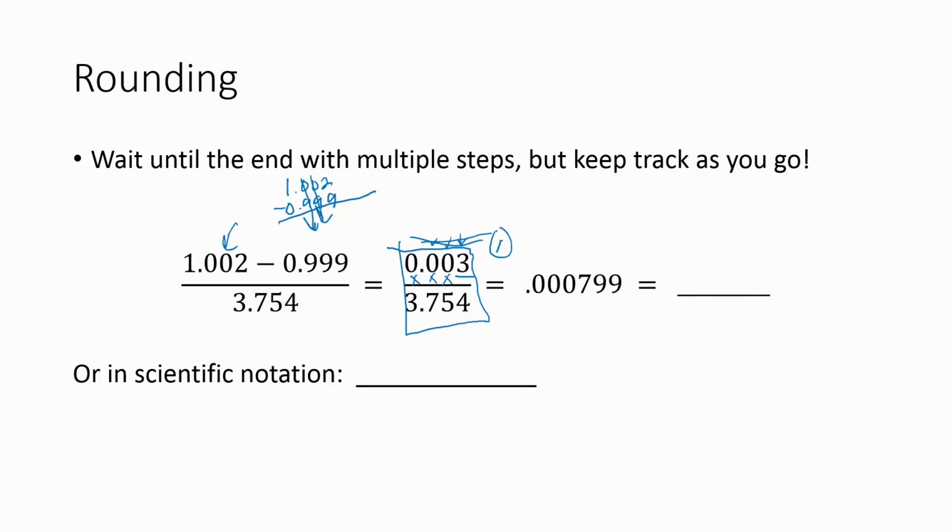So here we have 1 significant digit, and on the bottom we have 4. So the answer will have the least of the 2, or 1. So we're going to get 0.0008. All right, because we're going to round up in this case. Now if we want to show this in scientific notation, we have 8 times 10 to the 1, 2, 3, 4, negative 4th.